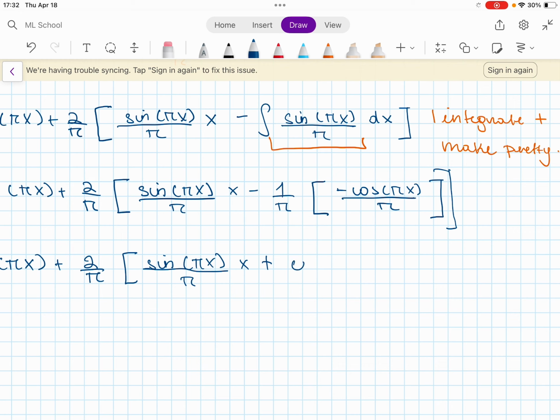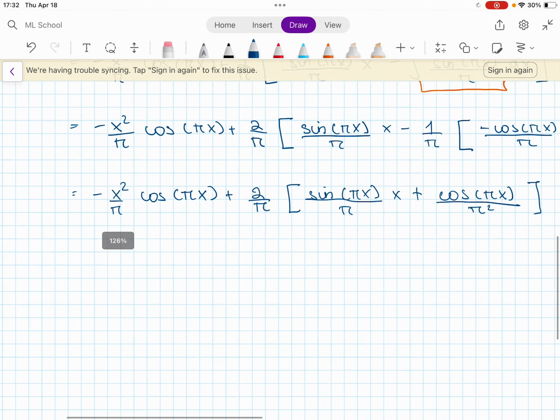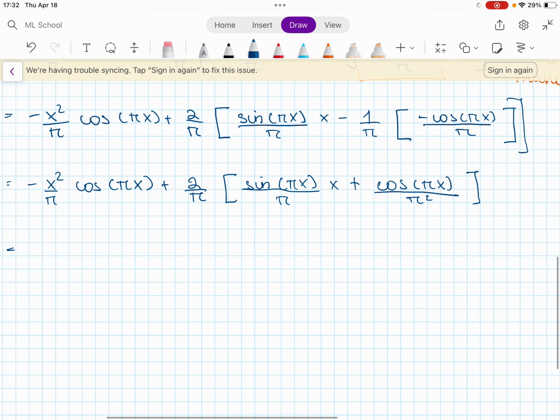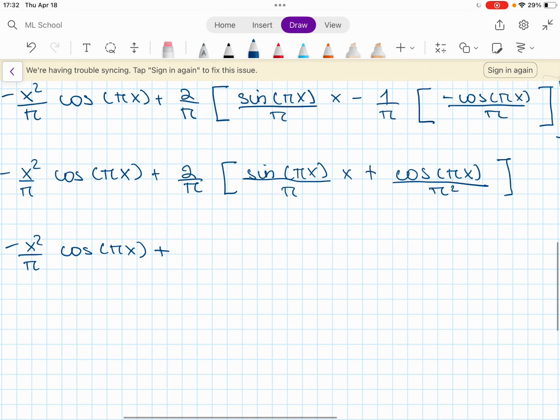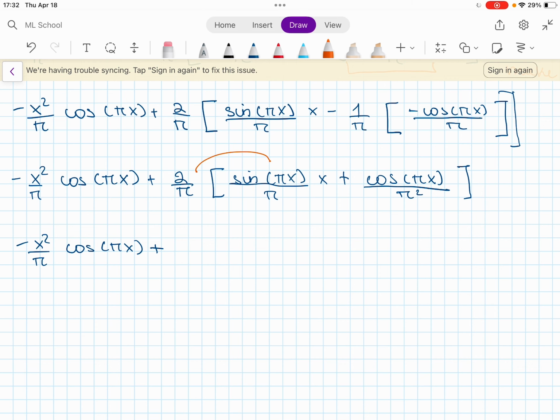So plus cosine of pi x divided by pi. Okay, and so we can follow this and we can say, okay, this is just minus x squared divided by pi cosine of pi x plus, and then here we're just going to multiply.